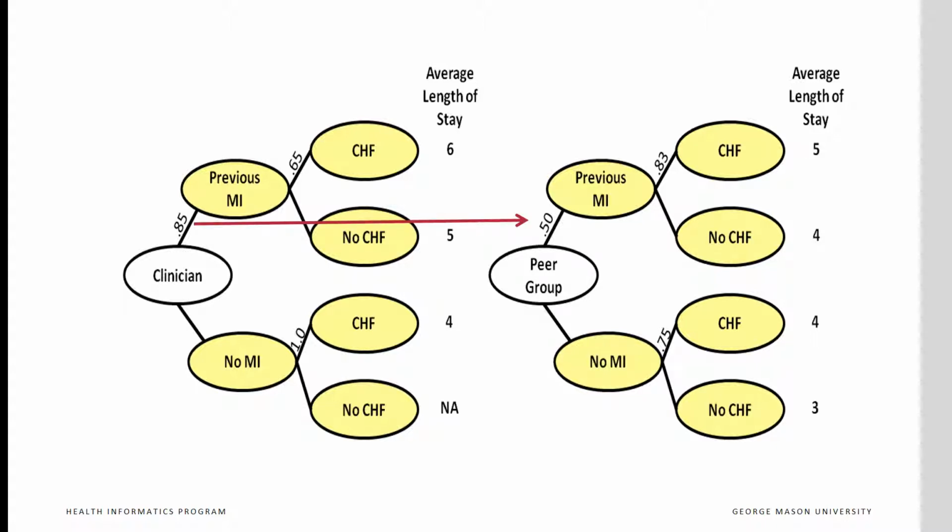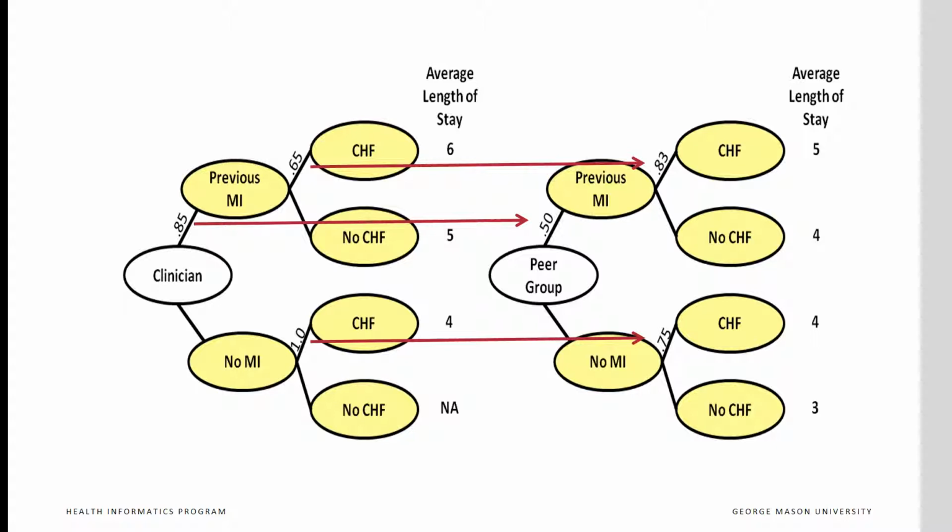So we switch 0.50 in the peer group with the clinician's probability of 0.85. We replace 0.83 with 0.65 and so on, with all other probabilities in the two distributions.